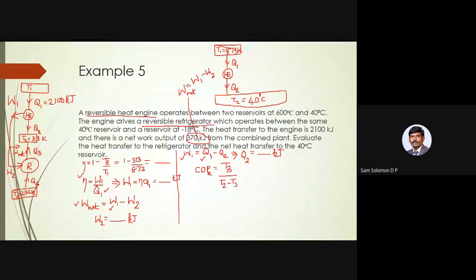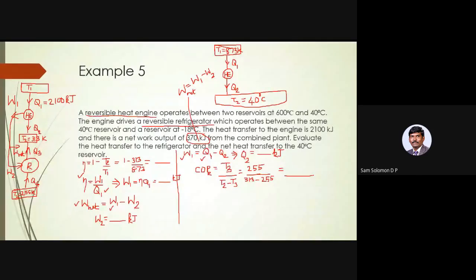So T3 here happens to be 255, divided by 313 minus 255. So this is the COP of the refrigerator.